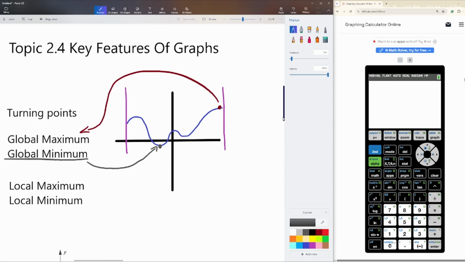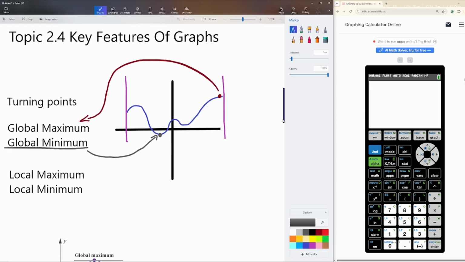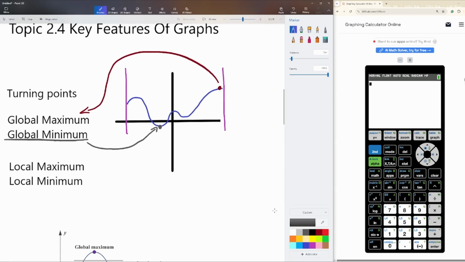You can clearly see that this is somewhere here. However, local maximum and local minimum tend to get a bit more tricky. So, local maximum is simply a point where, if you look at the point and you take a bit to the left and a bit to the right, the points next to your point have a lower y value.